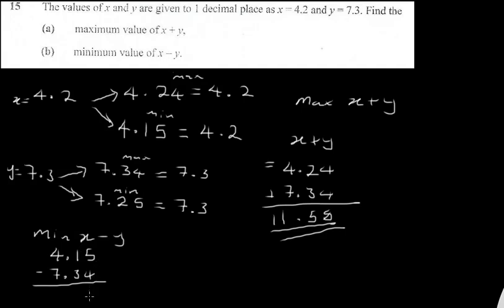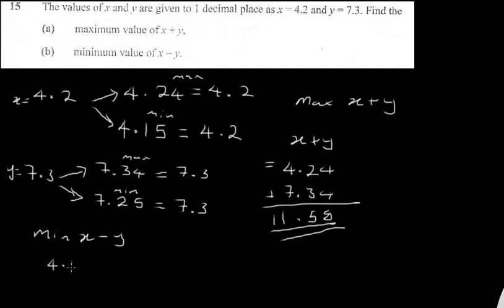So 5 minus 4 gives us 1, 1 minus 3 gives us, maybe we would say, let's work around this so that we can make our work easier. So I was saying, for us to get the minimum value of x minus y, we would say the minimum value of x minus the maximum value of y.